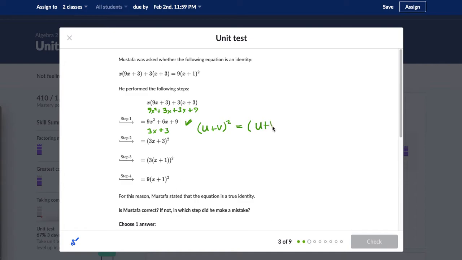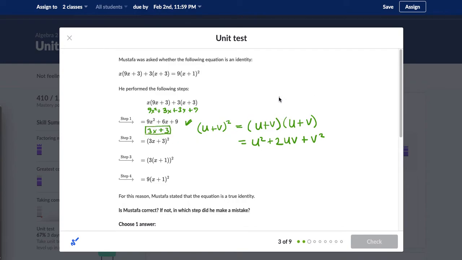U plus v. So this is what happens here, right? I want to show you what happens because we showed other examples here. So you see our u squared, that gives us u squared plus 2uv, that's the uv here and the uv there, and then plus v squared, right? So that's what we're expecting to get. So we're expecting this 6x to be a double of uv, right? We're claiming that this here is our u plus v. Is this actually true?